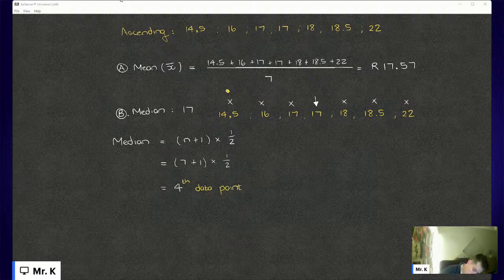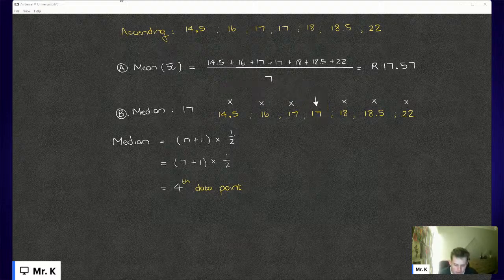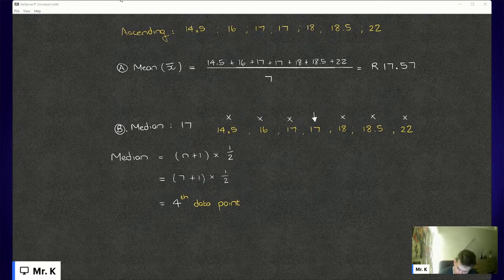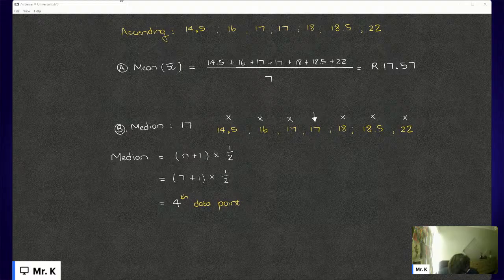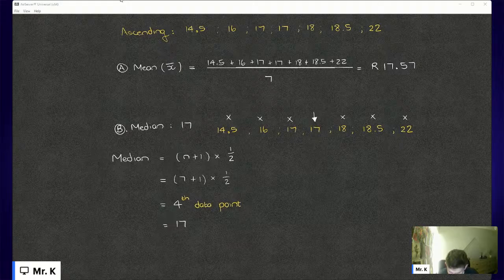We would say 1, 2, 3, and 4. And you can see that we land up with the same answer that we got using the manual method, right? So in this case, the fourth number is the value 17. And so no matter which way we do it, we land up with identical answers.